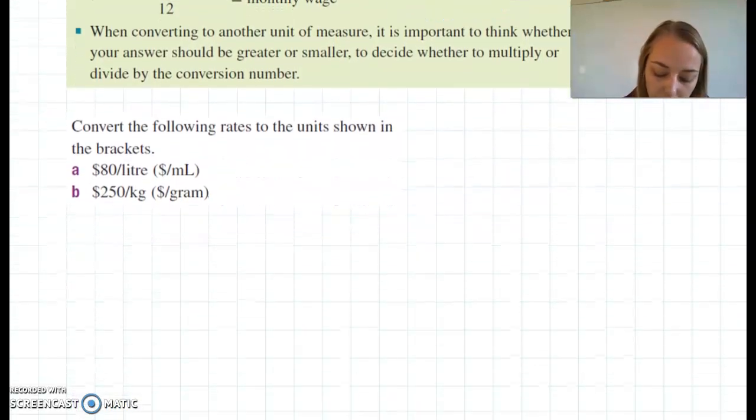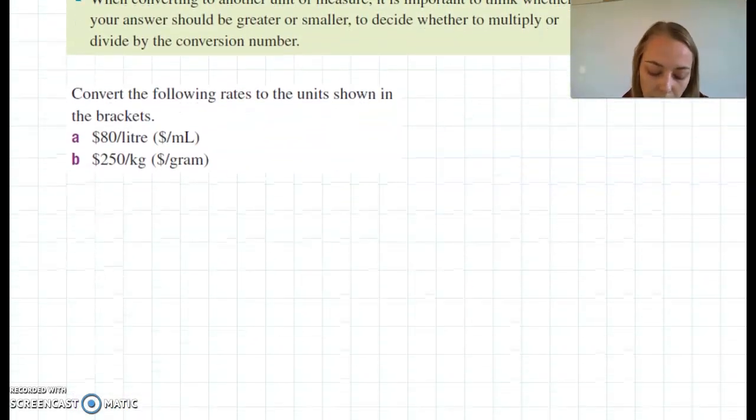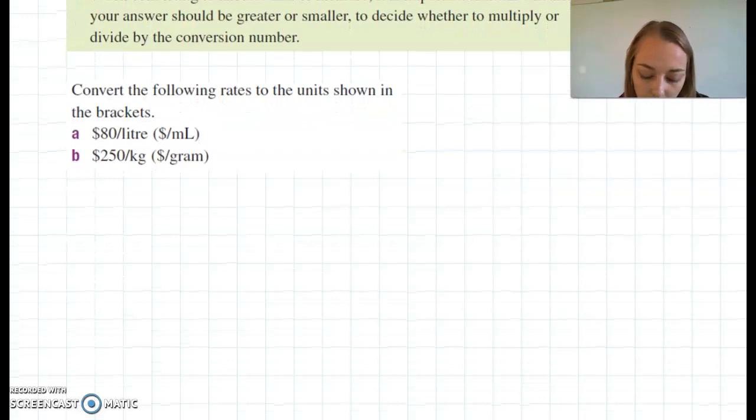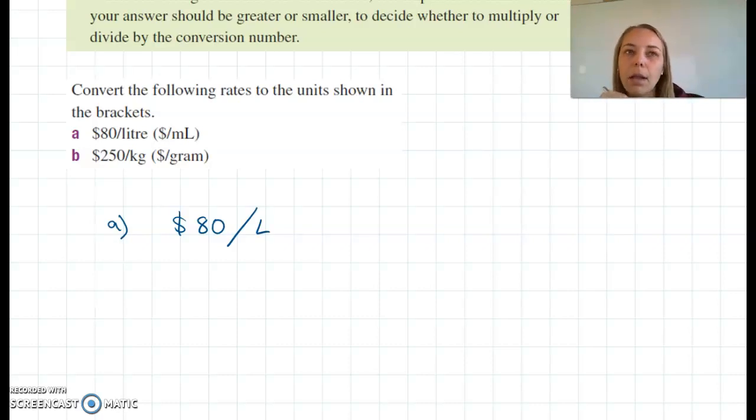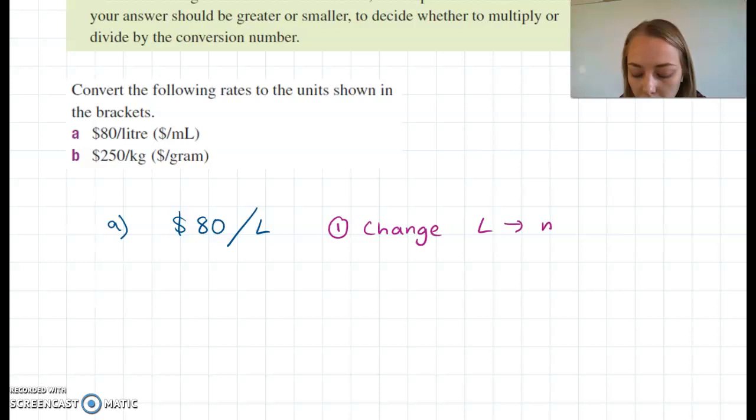All right, convert the following rates to the units shown in brackets. Okay, so we have $80 per litre, and we want to change that to dollars per milliliter. Right now we are per litre. Now, litres are pretty large, and there are 1,000 milliliters in a litre. So the first step I'm going to do is change litres into milliliters.